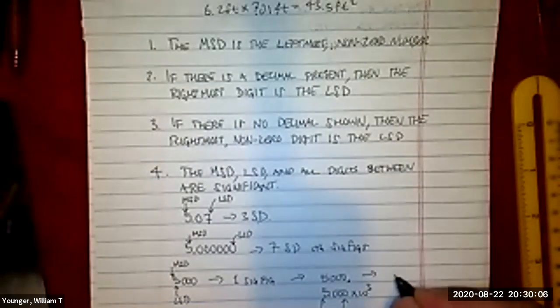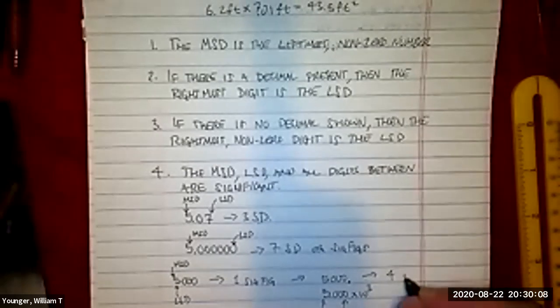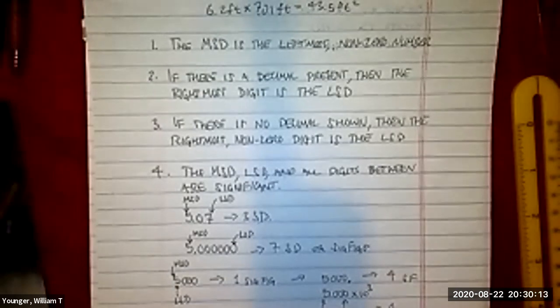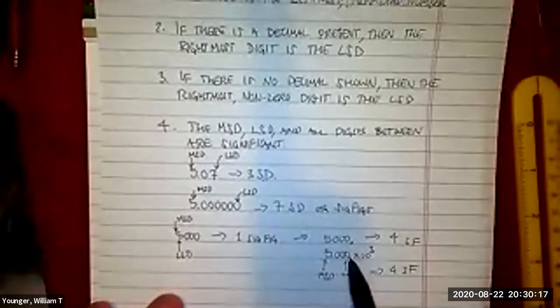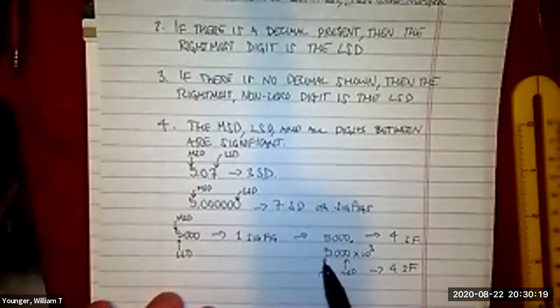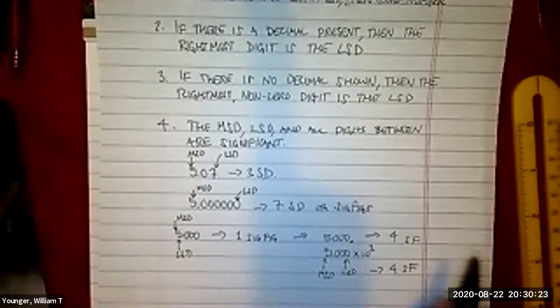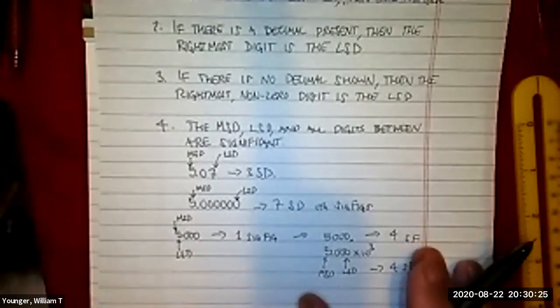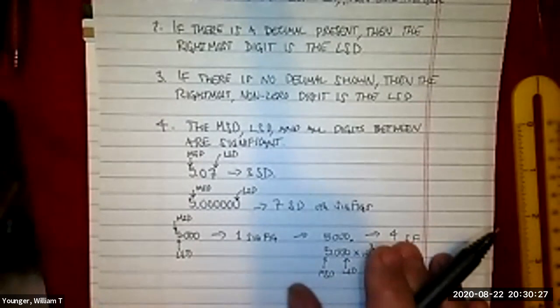So this one would actually have 4 sig figs, and this one would also have 4 sig figs. Because there's a decimal present, that's how we knew that was the LSD. So that's a good way of figuring out how many sig figs there are.